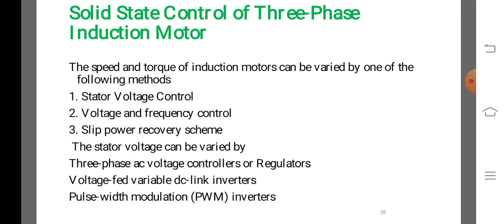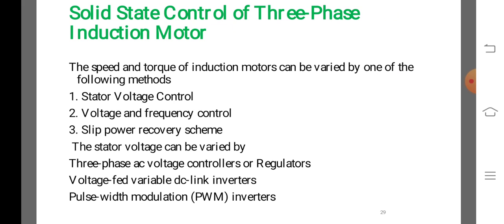Let's go with solid state control of a three-phase induction motor. The speed and torque of an induction motor can be varied by one of the following methods: stator voltage control, voltage and frequency control, and slip power recovery scheme.